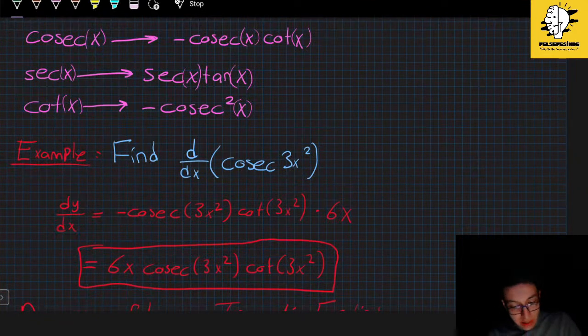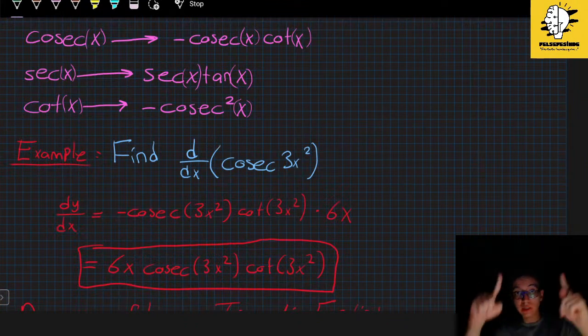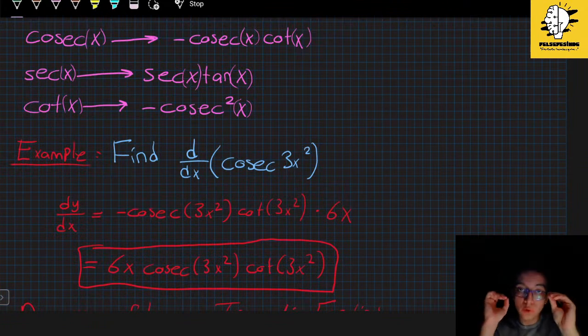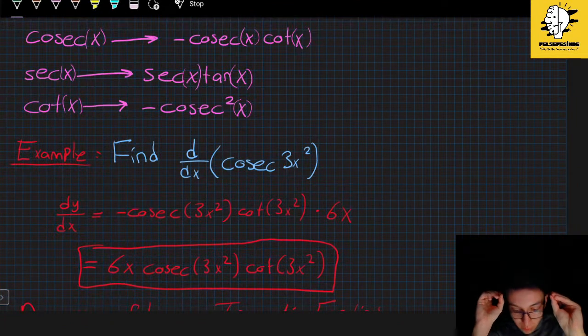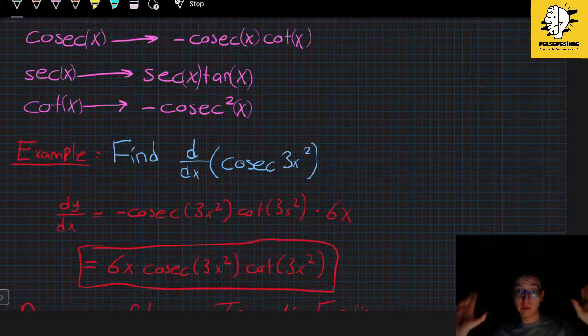Hence, I can see that for cosec x, I write negative cosec, in the parentheses I write my function 3x square, times cotangent, in the parentheses again my function 3x square, times, since it is a function, it is the chain rule. If you have anything left in the parentheses that has to be derived once again, 3x square, our function is not x, has to be derived and written here, cannot be neglected. 3x square has the derivative of 6x, so I multiplied it and found this answer. Clear?